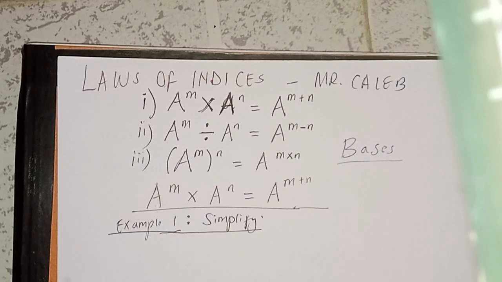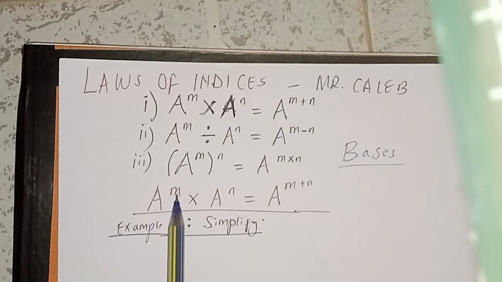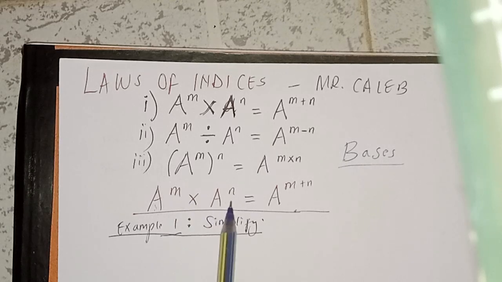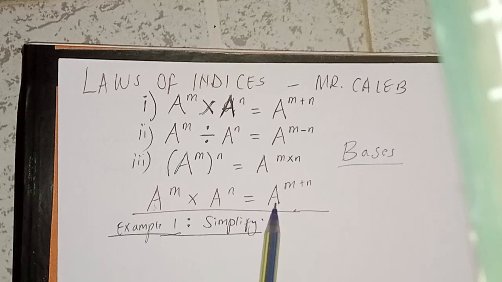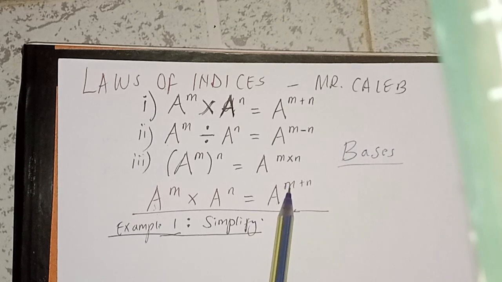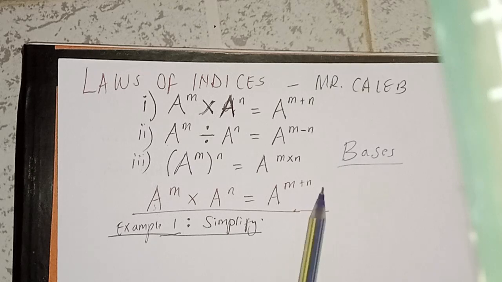Okay, so this is base a raised to power m times base a raised to power n is equal to base a raised to power m plus n. So what did I do here?